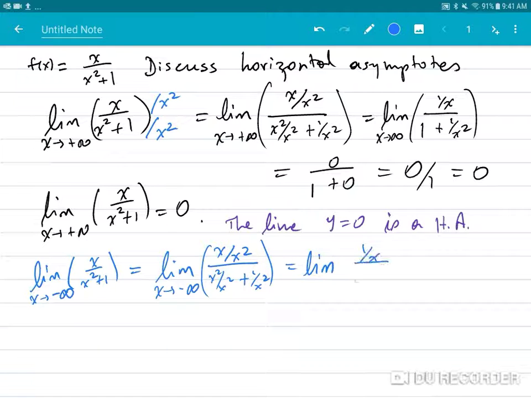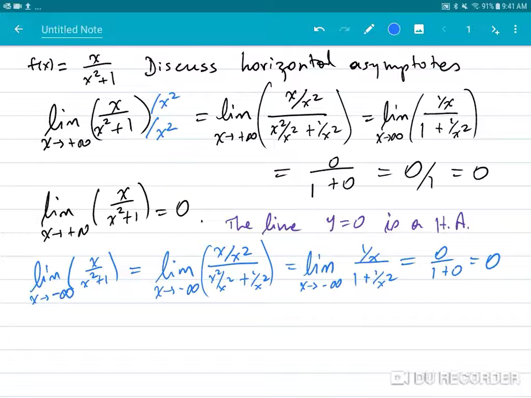That gives us 1 over x over 1 plus 1 over x squared as x approaches minus infinity, and when x approaches infinity or minus infinity and you have a constant on top, this goes to 0. A constant over x goes to 0 as x approaches infinity.